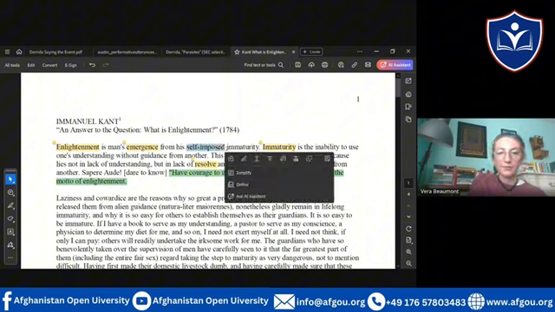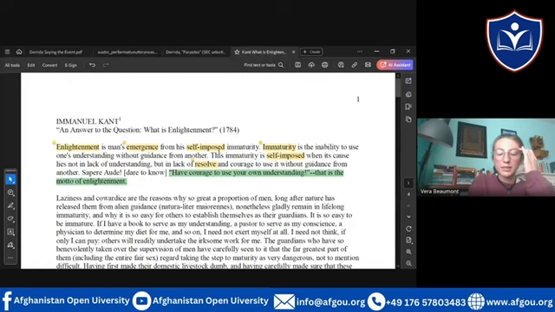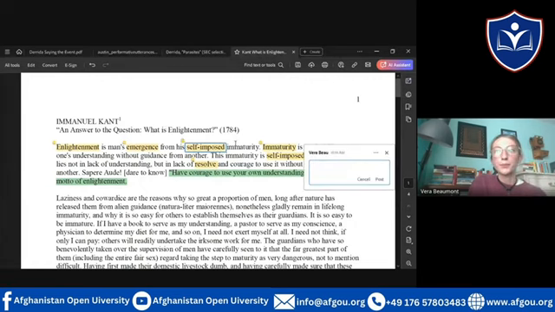What it means to be self-imposed is to put requirements or restrictions on yourself. So when you're looking up a word, let's do this together.